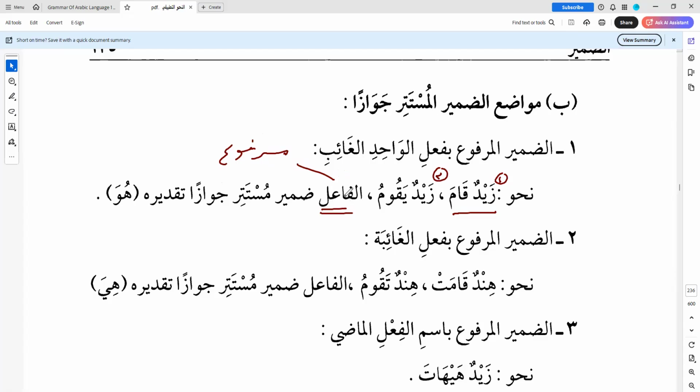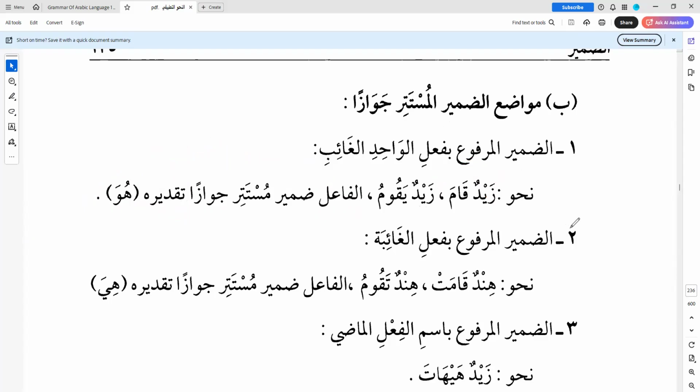So in Arabic we say الفاعل ضمير مستتر جوازا, and this one is not wajib. تقديره, by estimation, we can say the ضمير is هو, because it is زيد هو قام. But we don't say زيد هو قام, so we need to hide this one. Or زيد يقوم, فعل المضارع, the same thing: الفاعل ضمير مستتر جوازا تقديره هو.